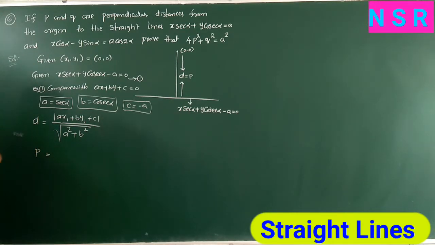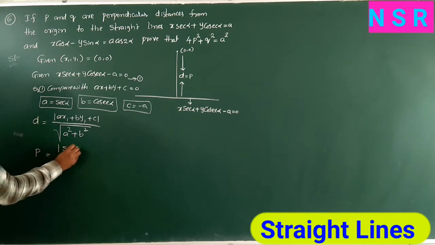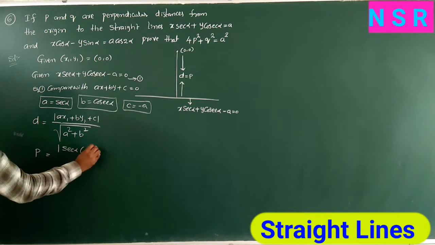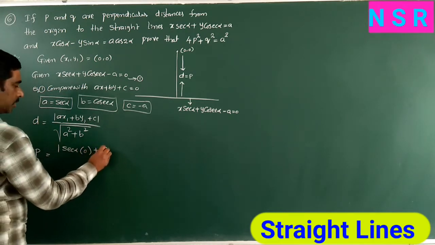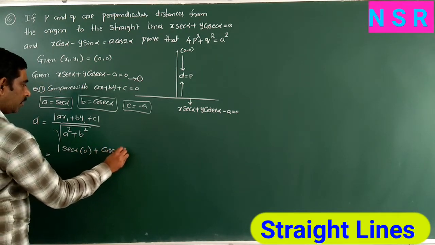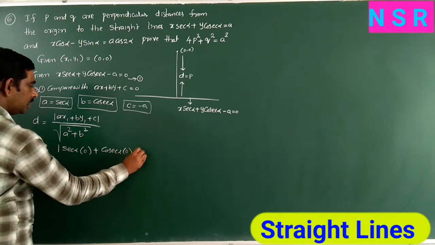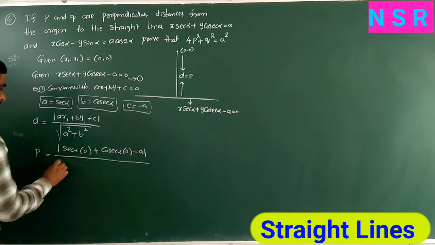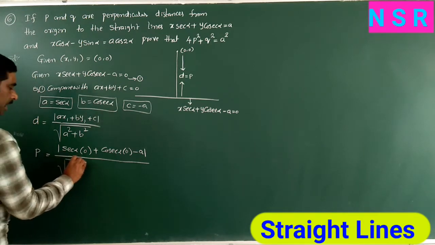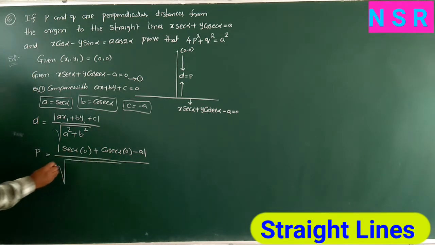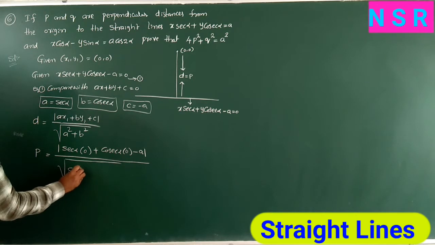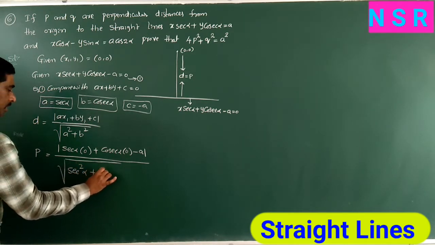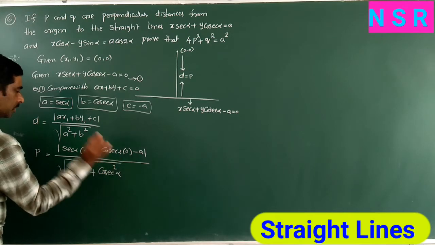In place of d substitute p equal to mod of ax1, where the a value is secant alpha and x1 is 0. Next the b value is cosecant alpha and y1 is 0, and the c value is minus a, by square root of a square plus b square. So a square is secant square alpha plus cosecant square alpha.